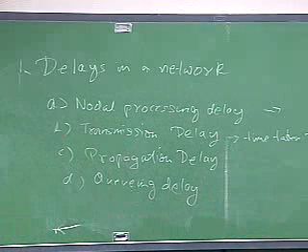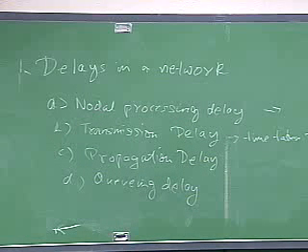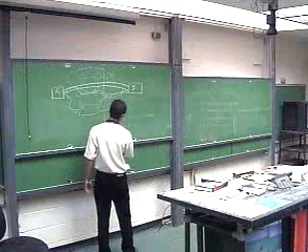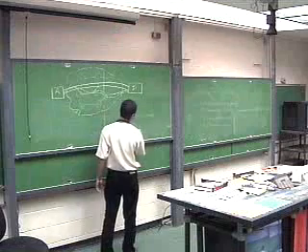Suppose your link has a capacity of R bits per second. Your packet is L bits. Then the transmission delay is going to be L times R.